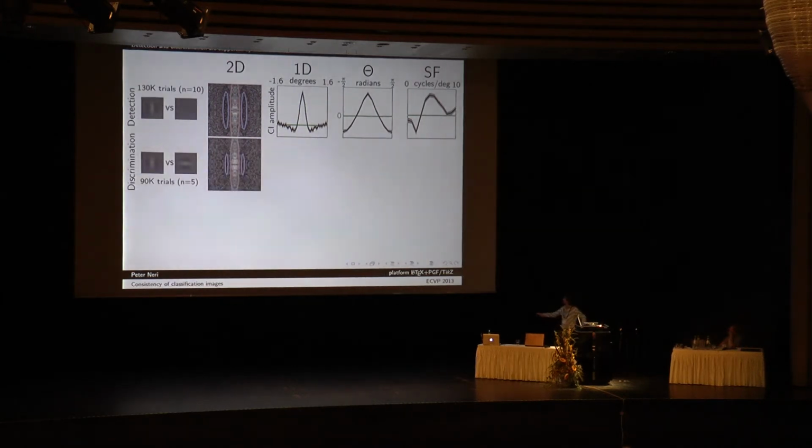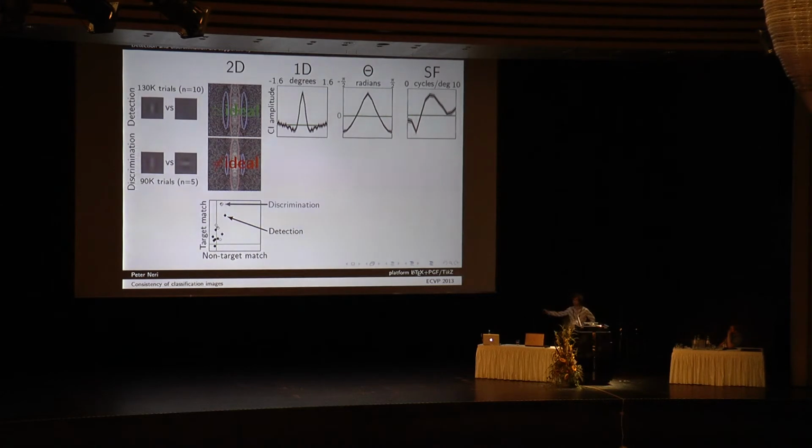And this is the result for the 2D noise, which as you can see is very similar to the one for detection. What I'm plotting here is the amount of energy that matches the target within classification images for individual observers, each point is an observer, versus the match with the non-target. So you can see that classification images contain mostly energy that was aligned with the target, but not with the non-target.